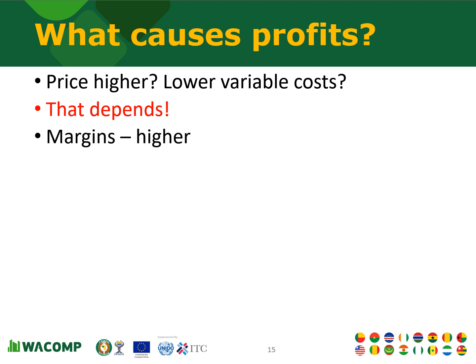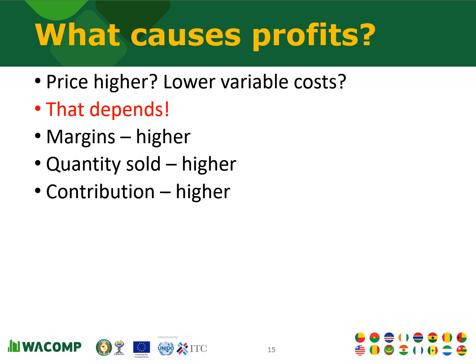What you want is higher margins, P minus VC. And what always helps to increase profit is to sell more, increase Q. So what you want is a higher margin and higher quantity sold. In other words, higher contribution.